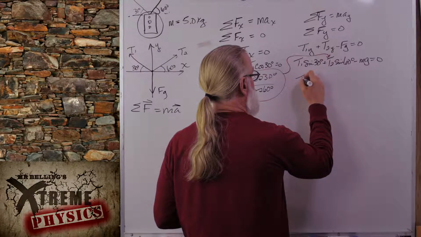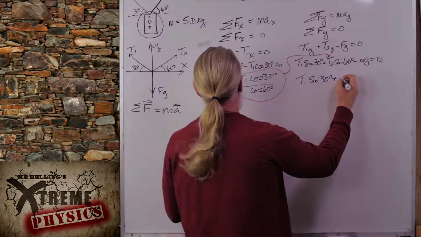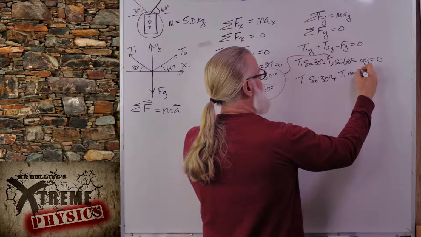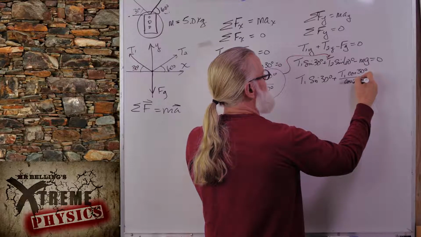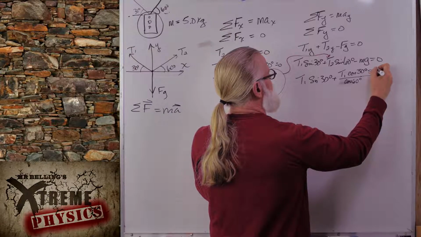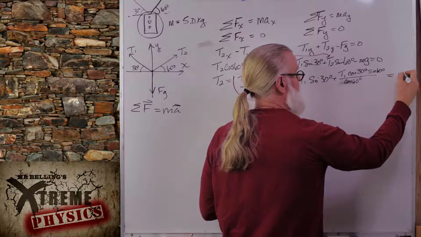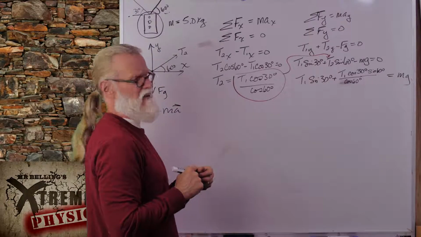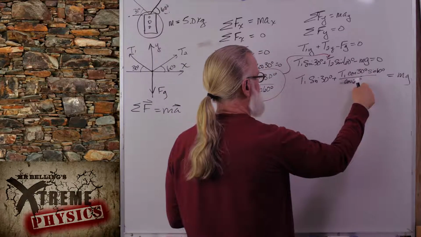All right, so we got T1 sine of 30 degrees plus T2, which is T1 cosine 30 degrees divided by cosine of 60 degrees times the sine of 60 degrees equals, I'm going to take mg to the other side, equals mg. All right, well, I'm certainly getting excited now because I see I have sine of 60 over cosine of 60, that's tangent.